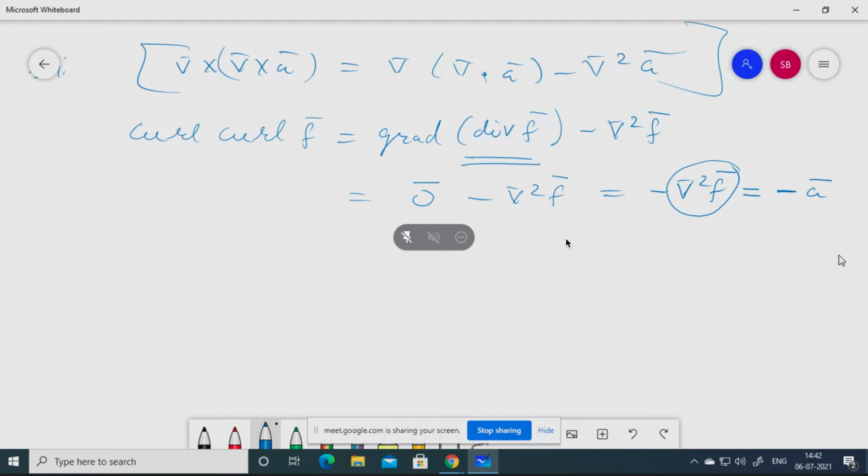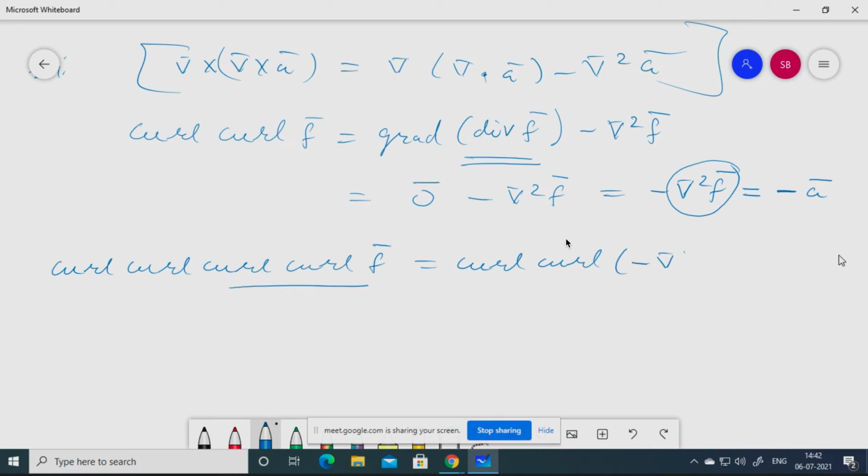Suppose. Now I need to calculate curl of curl of f bar. That means I need to calculate curl of 2 times over. This part I have already calculated, which is minus del square f bar. Okay? Yes, ma'am. Okay.